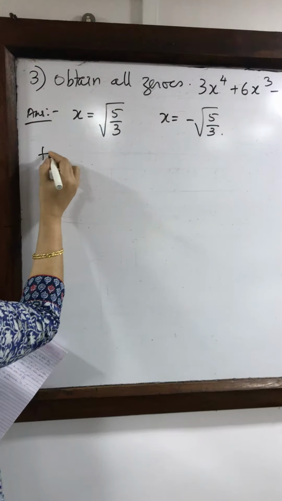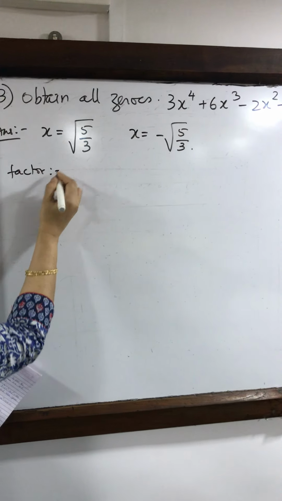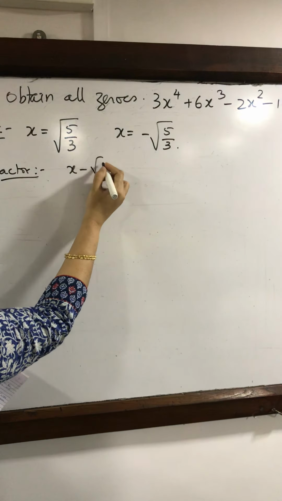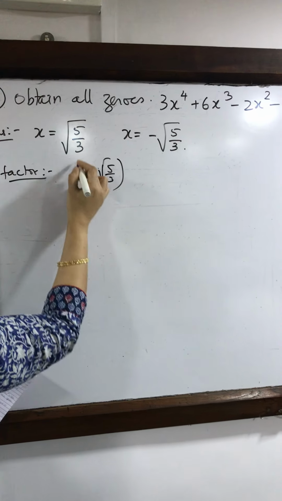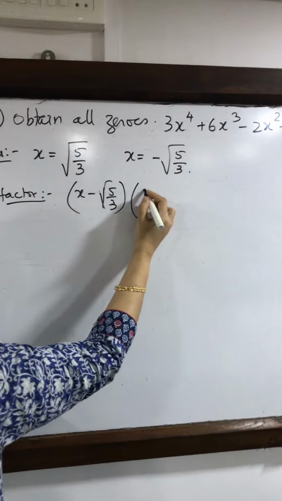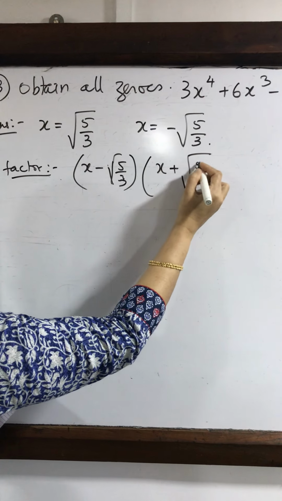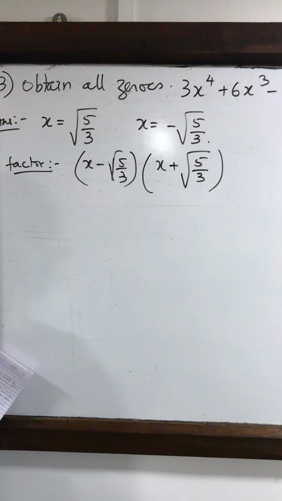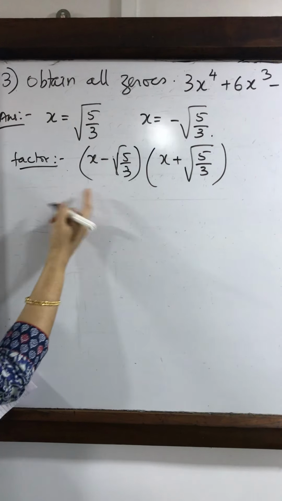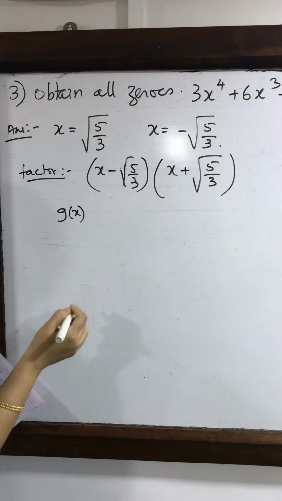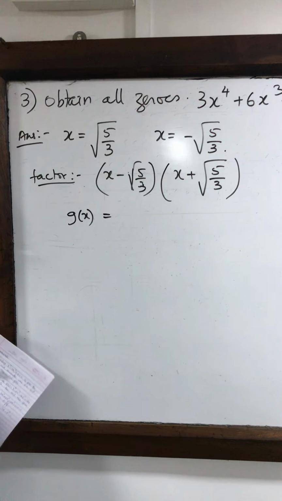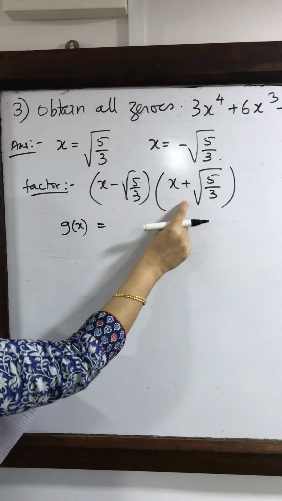So I write factors. So that will be x minus root 5 upon 3 into x plus root 5 upon 3. These are the factors. To find the divisor, we will use identity a plus b, a minus b.